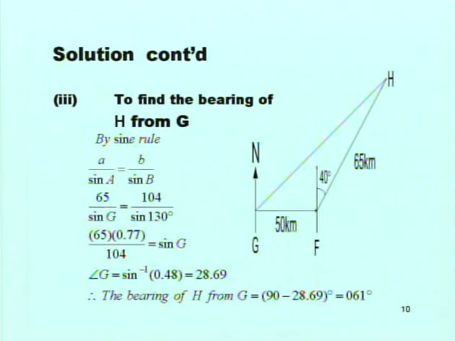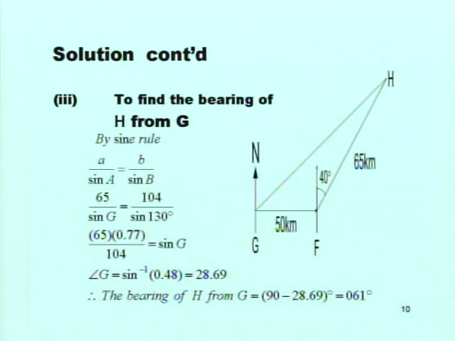Cross multiplying, we find that sine G is equal to 65 times 0.77 divided by 104, which is 0.48. So to find the angle G, we take the inverse. Using your calculator, we will get angle G is equal to 28.69 degrees.